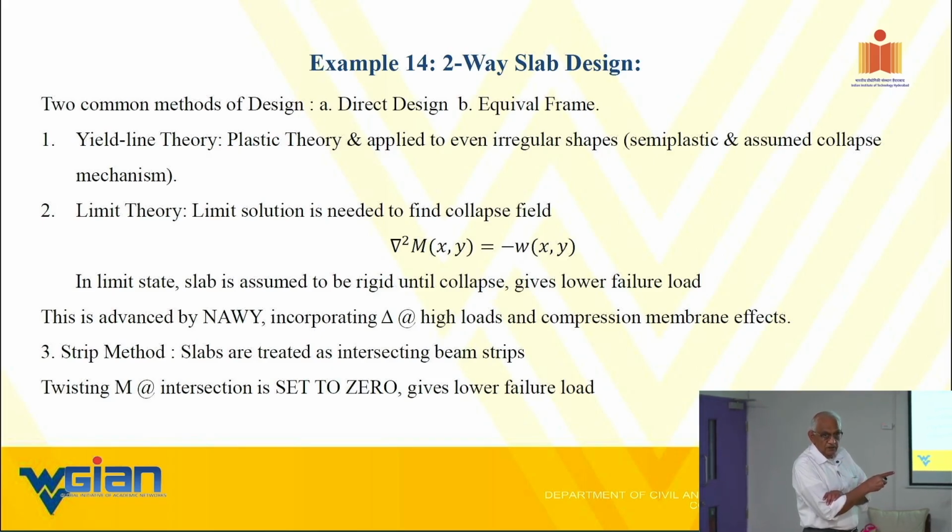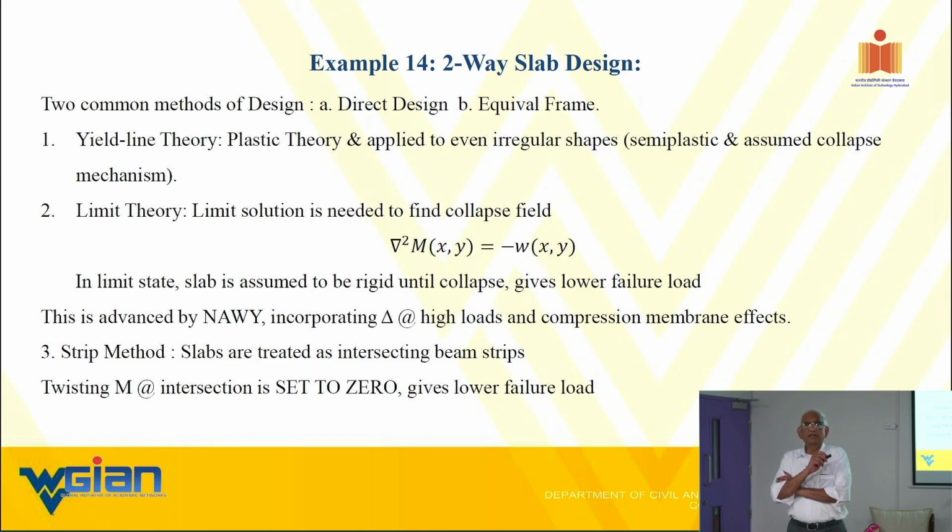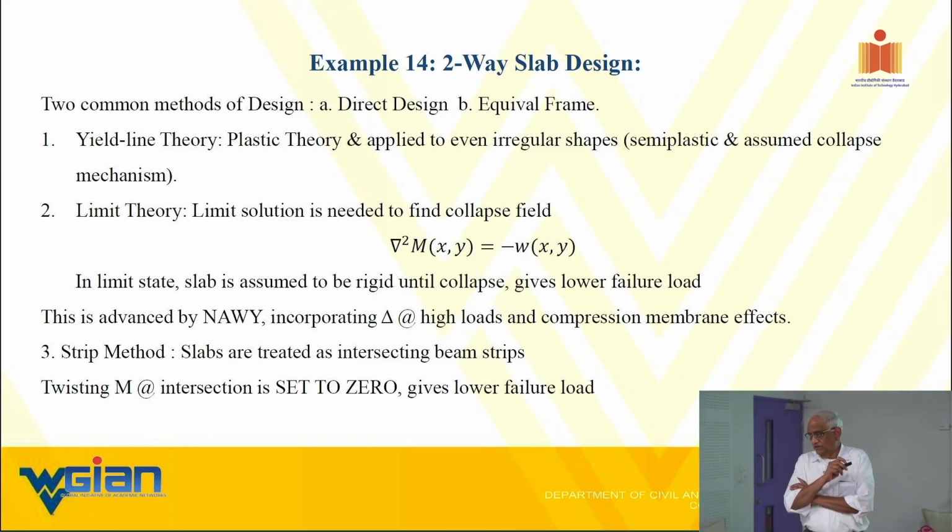Yes, sir. d square y over dx square is Mx over EI, or d4y over dx4 is qx over EI. You remember that? So it's essentially the same thing, but here suddenly I have two independent variables, not one independent variable. If it is one independent variable like in a beam, that is called an ordinary differential equation. With two or more independent variables, that becomes a partial differential equation.